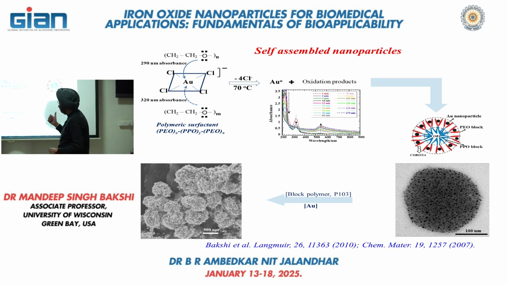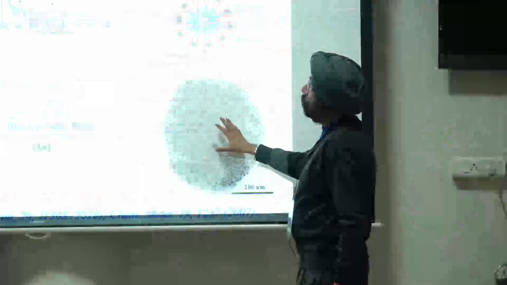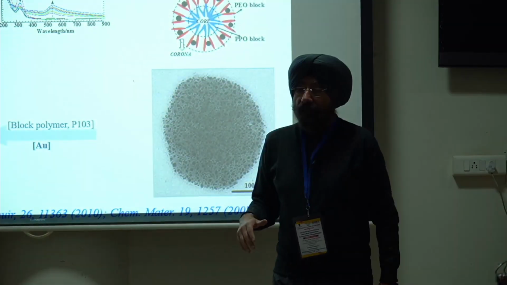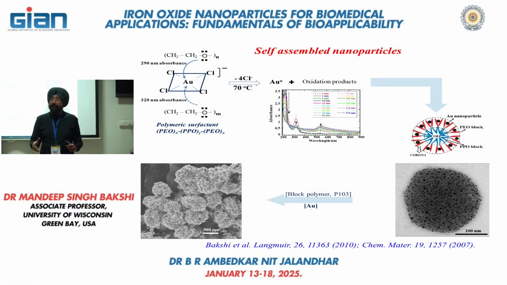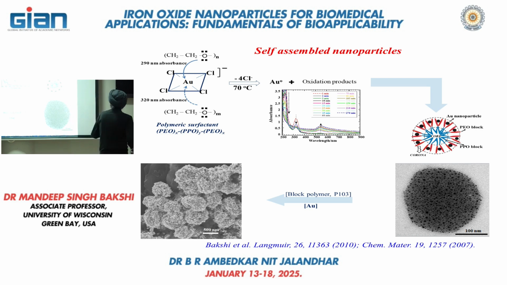In comparison to sodium dodecyl sulfate, this is a very big micelle, right? And the formation of the micelle has taken place exactly the same way as in the case of sodium dodecyl sulfate.